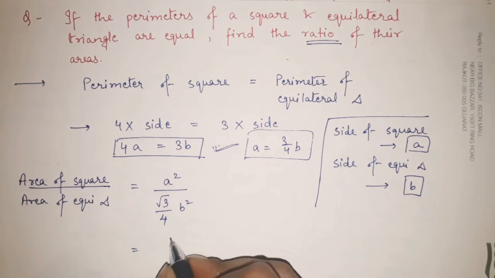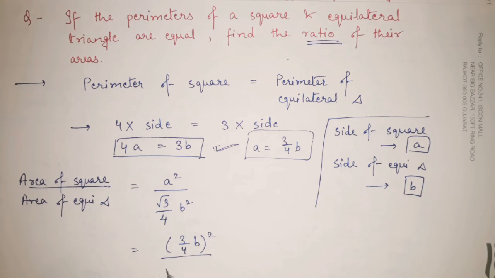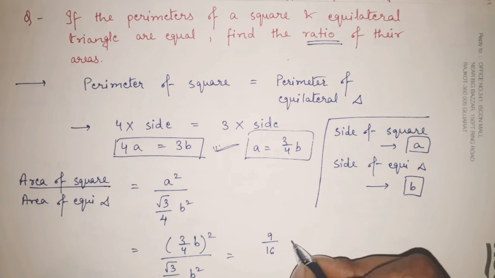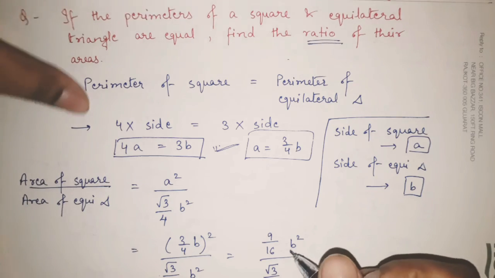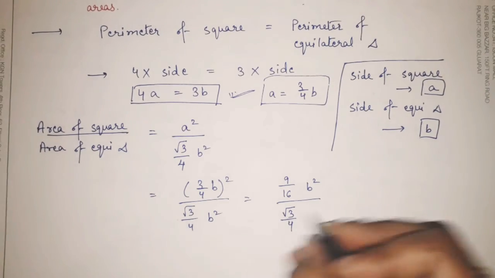So A square, I can write it here as 3 by 4 into B square, that is divided by root 3 by 4 B square as it is. Now if I do the square, so 3 square is 9, 4 square is 16 and B square is B square, divided by root 3 by 4 and B square.